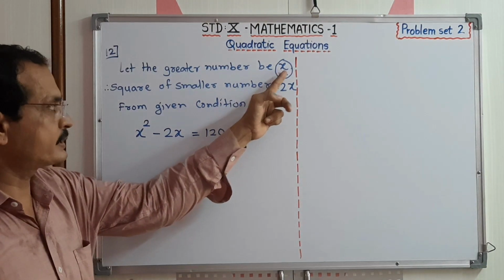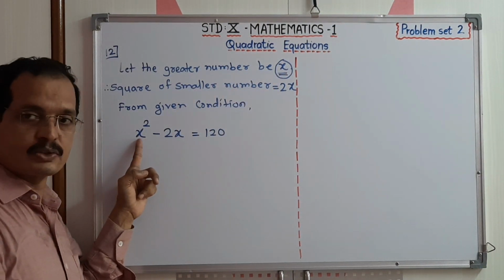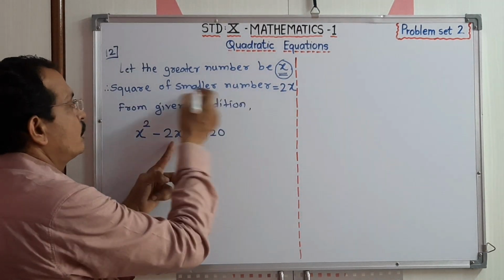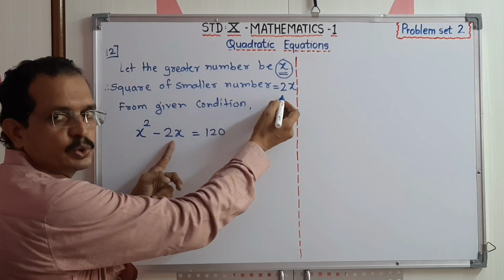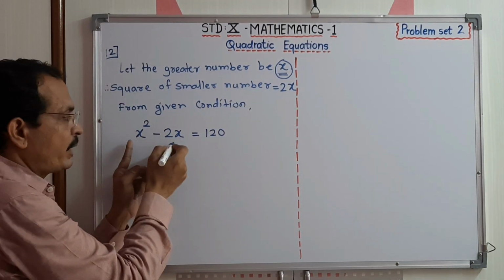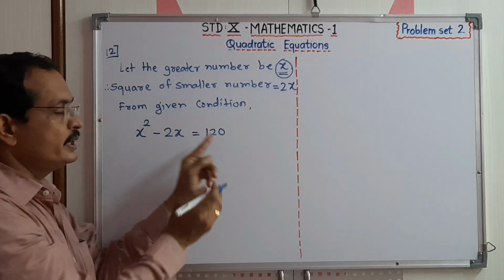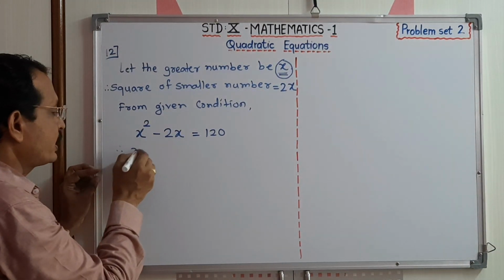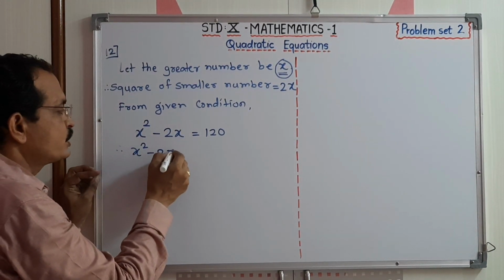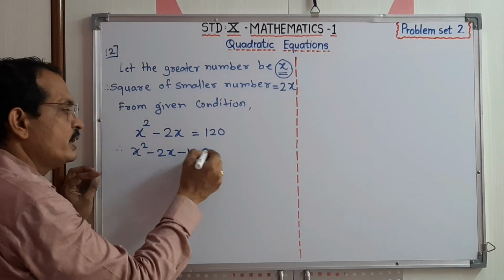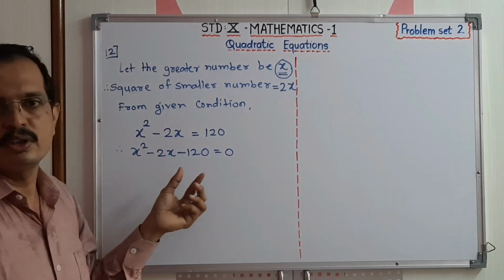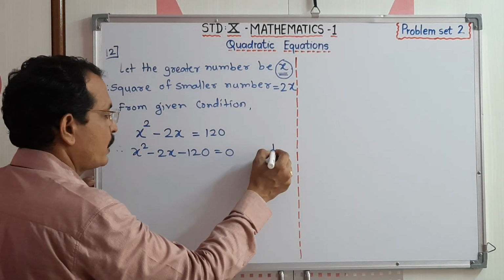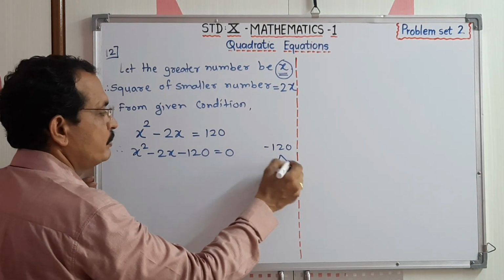Square of the greater number is x square, and from that we subtract 2x, and this difference is given, it is 120. Now we have to make the quadratic equation x square minus 2x minus 120 is equal to 0. This is now a quadratic equation, and we have to solve it by the factorization method.